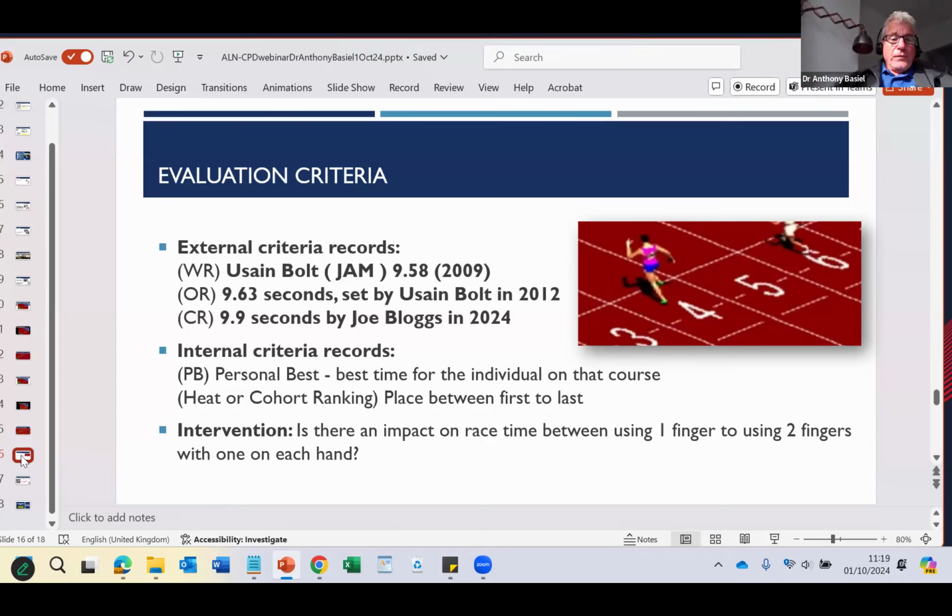For example, Usain Bolt's world record is 9.58 seconds in 2009.